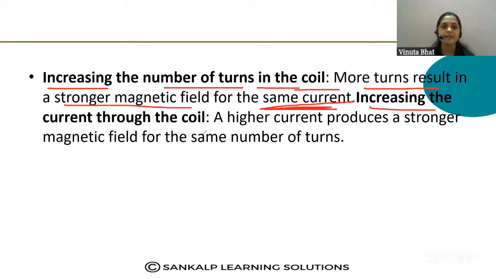And increasing the current through the coil: a higher current produces a stronger magnetic field for the same number of turns. Means more current passes through that coil, it produces a stronger magnetic field. So these are the two methods of increasing the magnetic field in a solenoid.